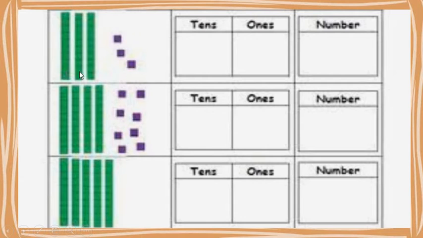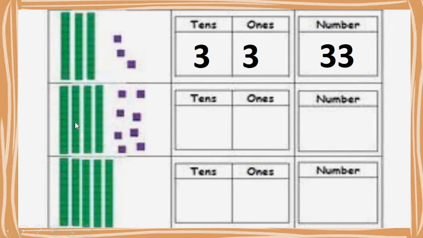There are 1, 2 and 3 tens and 1, 2 and 3 ones. So we can say that this forms the number 33. In the other way we can say that 33 is equal to 3 tens and 3 ones.